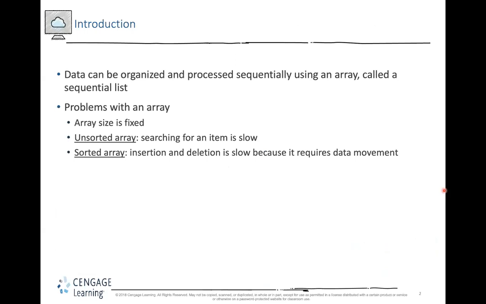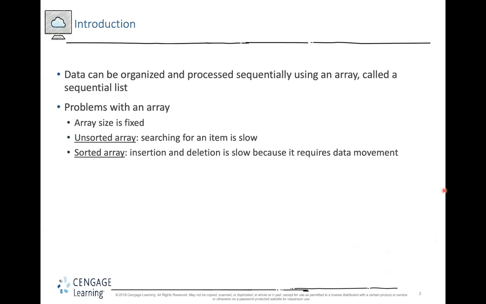So first of all, we have gone through an overview of various different data structures in our last lecture. And data, as we know, can be organized in a variety of different ways. You may use dynamic sets.